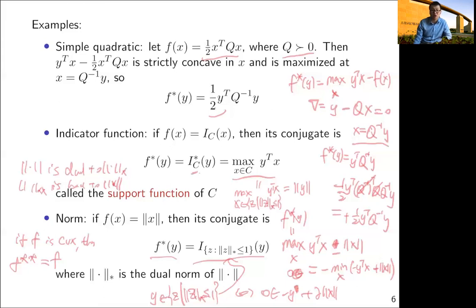L2 norm is self-dual, and so on and so forth. Okay, and so now everything comes together, and with this you should understand this indicator function, support function, in a specific example, and also you have a refresher of the definition of the dual norm and the definition of the conjugate and how they are related to each other. Okay.